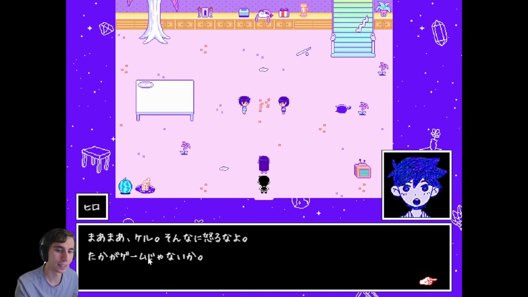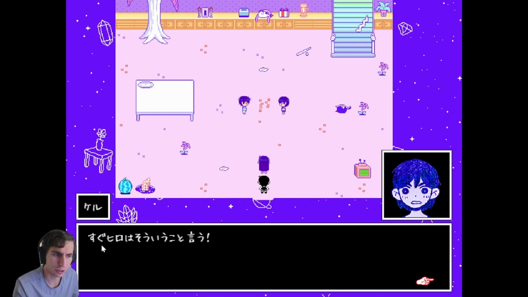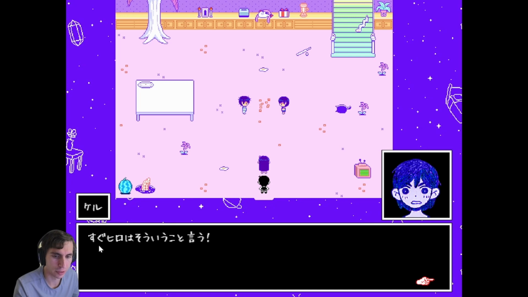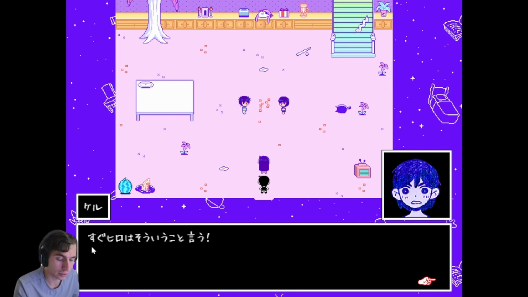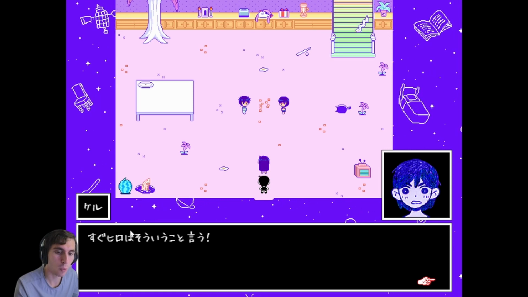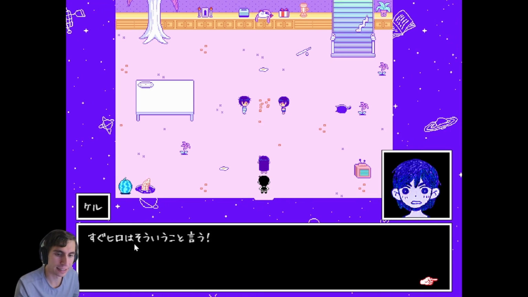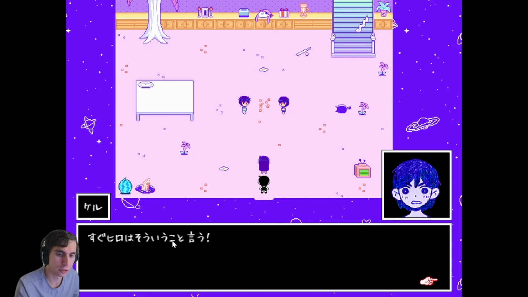Isn't it? Okay, so we have sugu hiro wa. So sugu is soon or immediately. Hiro, our other character here. Wa, subject marking particle. And then he says this phrase here, so you koto.